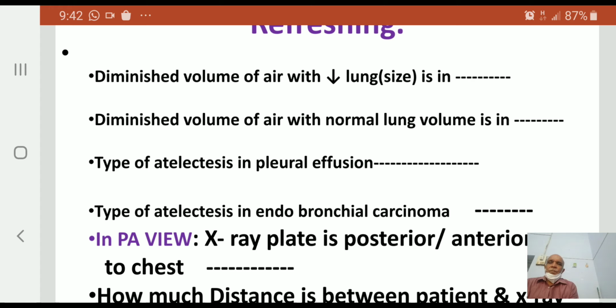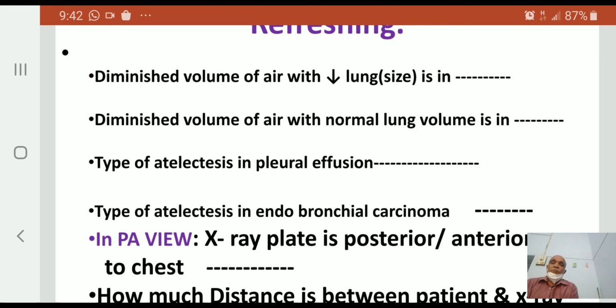Now, the X-ray plate is kept anteriorly or posteriorly in the PA view? The plate is kept anteriorly in the PA view.